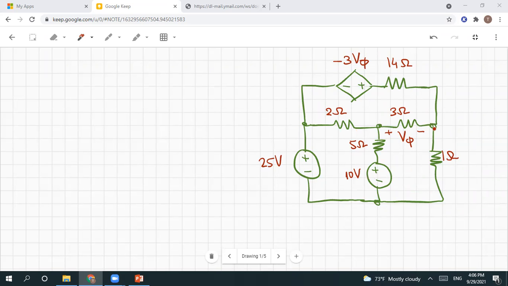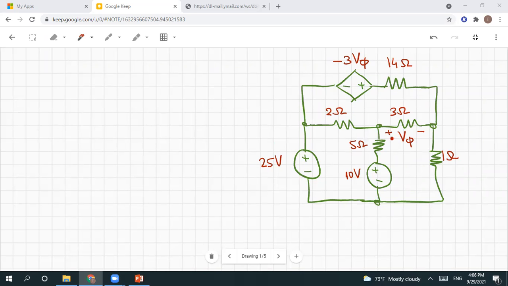I have four essential nodes. So using node voltage analysis, I will need three equations. One of them will be known, V1, equal to 25. So I need only two other equations. So node voltage analysis fits more here, but I need to use mesh analysis to solve it. I have 1, 2, 3, 4, 5, 6 branches.